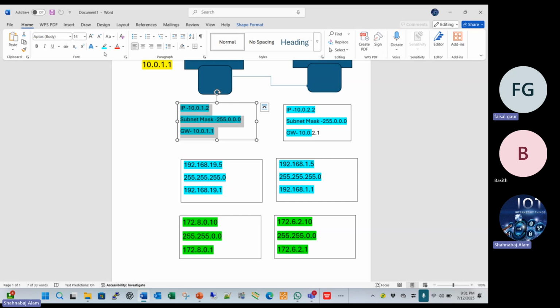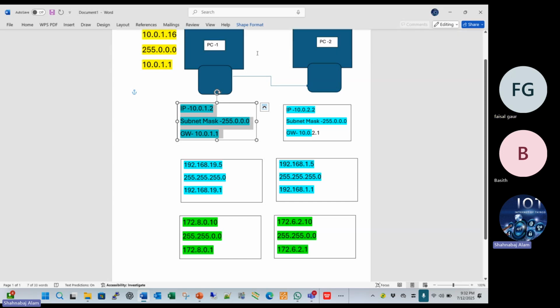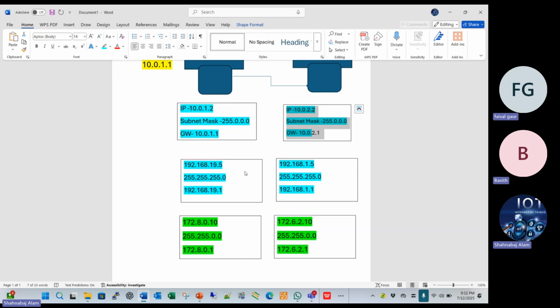No, not subnetting. Routing. How do they communicate here? Routing, right. Where will we perform the routing? Right now we have only two PCs. If we want to communicate with a different network, what is required here?